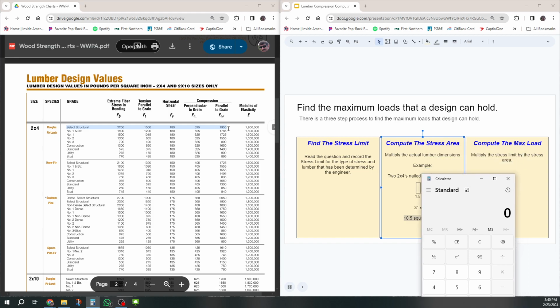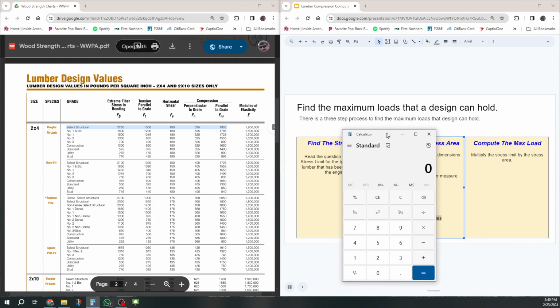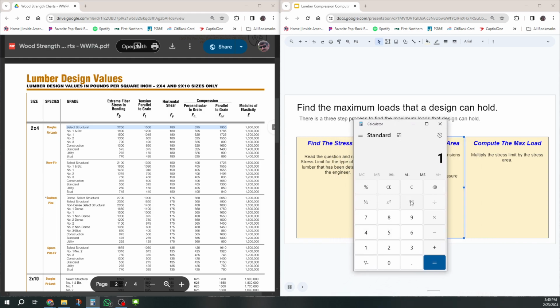Okay, so I read it. That's 1955, my limit. 1955 times 1.5 times 3.5. That 2x4, select structural Doug fir, can handle 10,263.75 pounds in compression. That's a lot of weight.